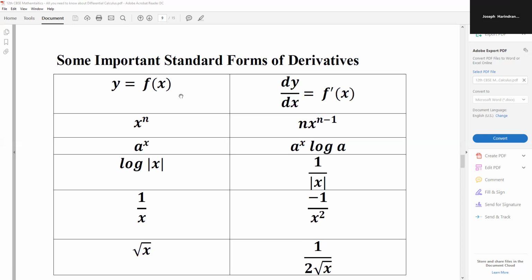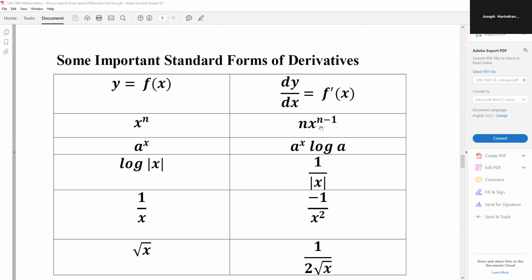See, y equal to f of x, let the function be x power n, x raised to any power except negative one. There is a separate case for that, because if x power minus 1 is there, then it will become 1 by x. So here it is n into x power n minus 1.